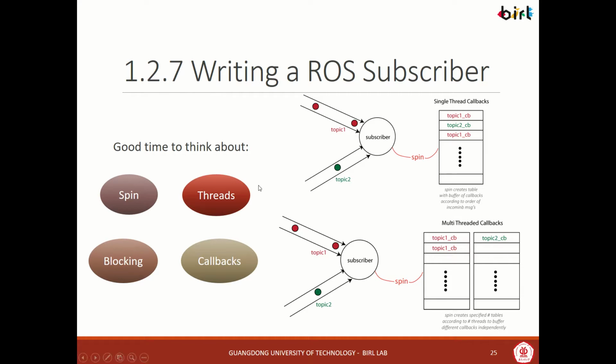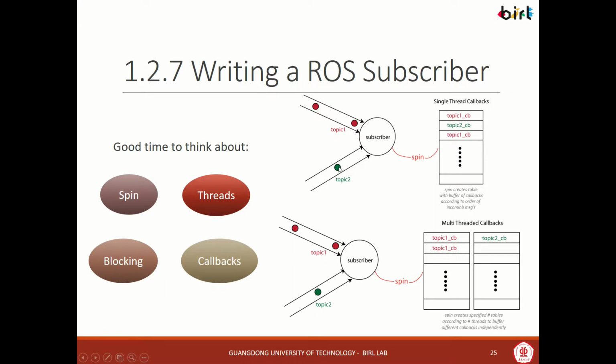Okay, so now let me just illustrate a little bit more about callbacks and spins, and a little bit about threads and blocking. Consider a scenario where you have a subscriber node and it's talking to 2 topics. Topic 1 and topic 2. Well, if we have spin here, what this will do is have a call to the callback connected to topic 1 as soon as this data message comes into the node.